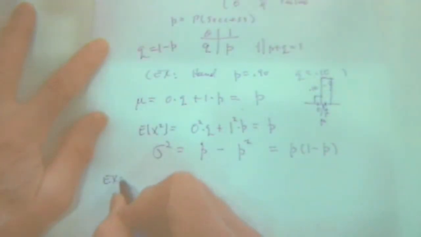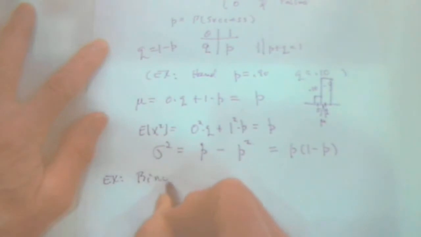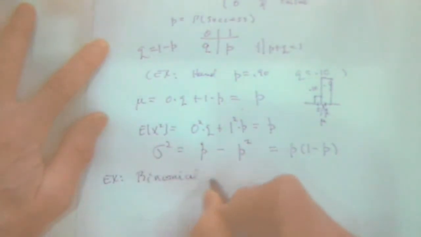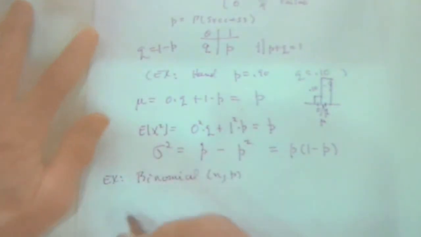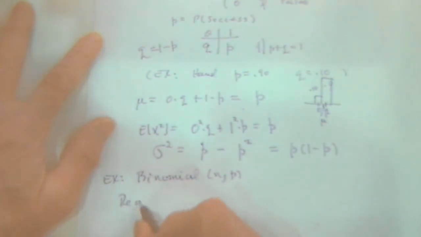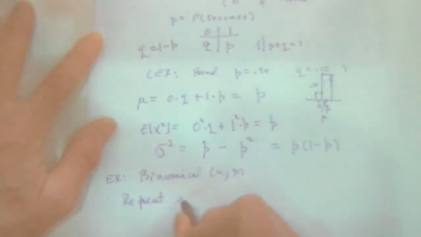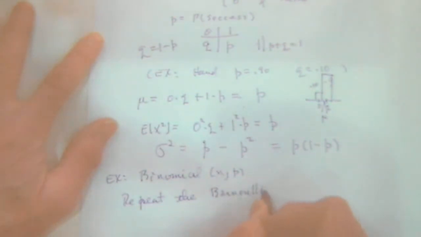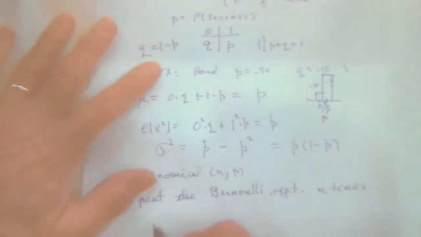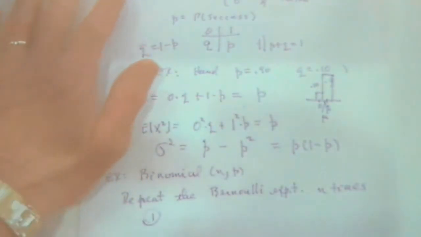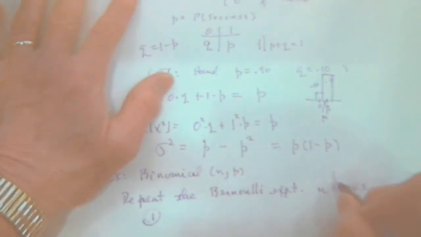So the second example is binomial in P, and you just repeat the Bernoulli experiment N times, for n trials.